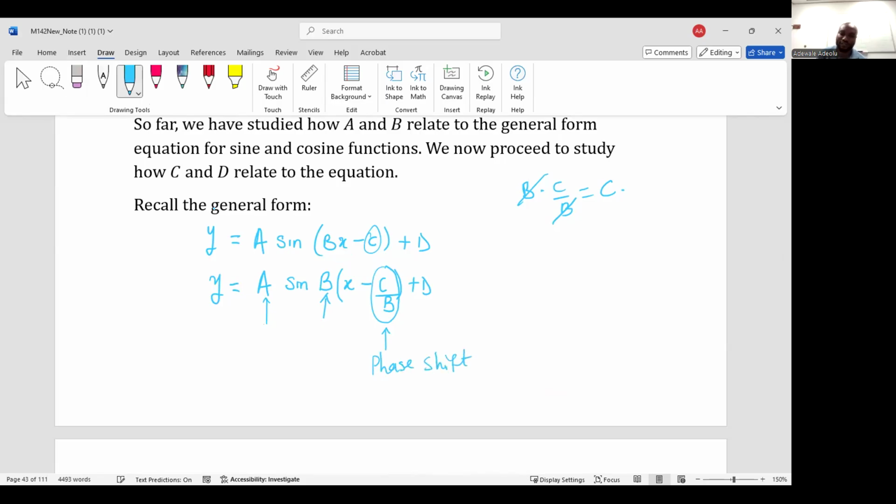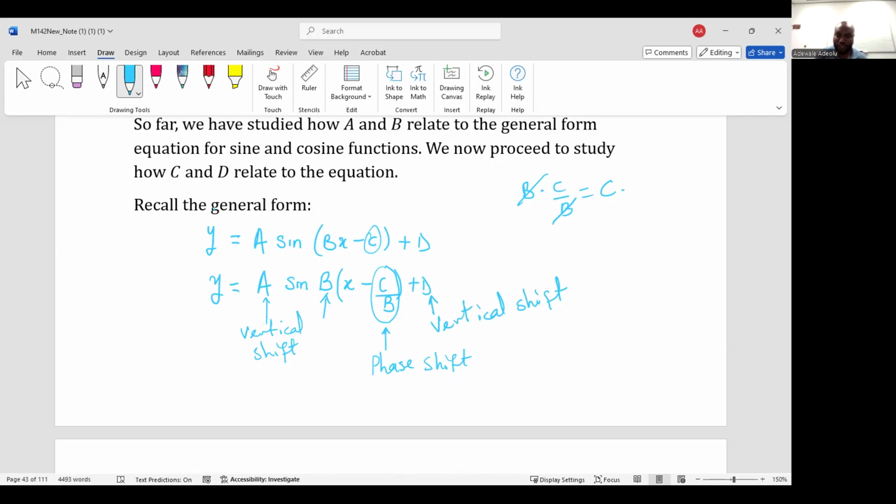A phase shift. And this item D, we call it vertical shift. Remember, here we say this is vertical shift. Vertical shift, it could be compressed or stretched vertically.